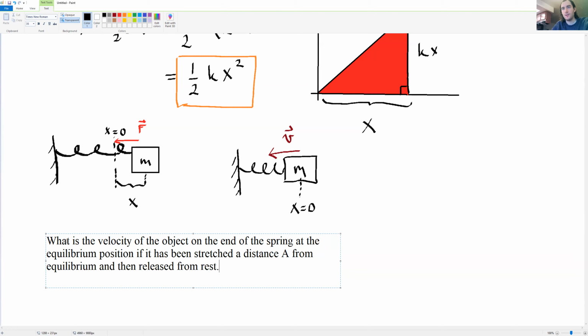Okay, so let's add some punctuation to this. What is the velocity of the object on the end of the spring at the equilibrium position if it has been stretched a distance a from equilibrium and then released from rest.